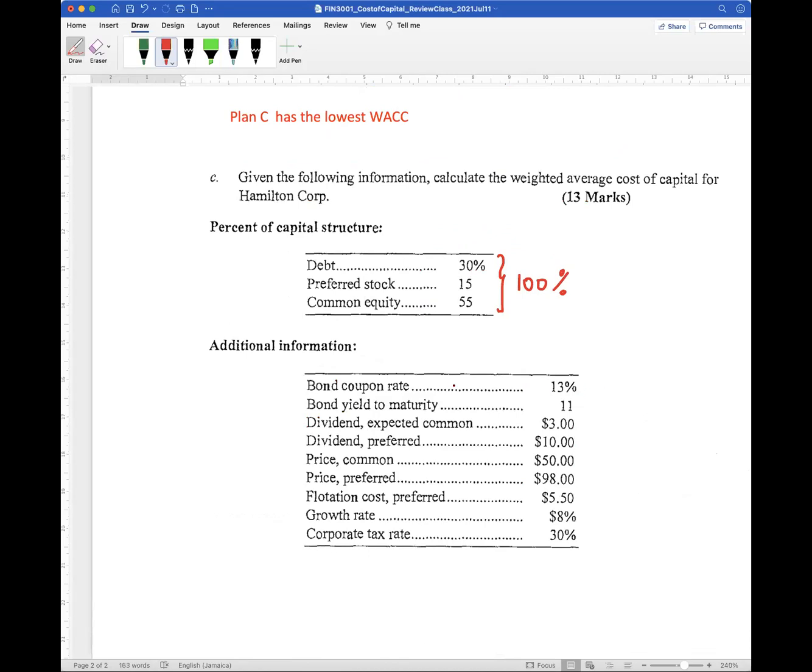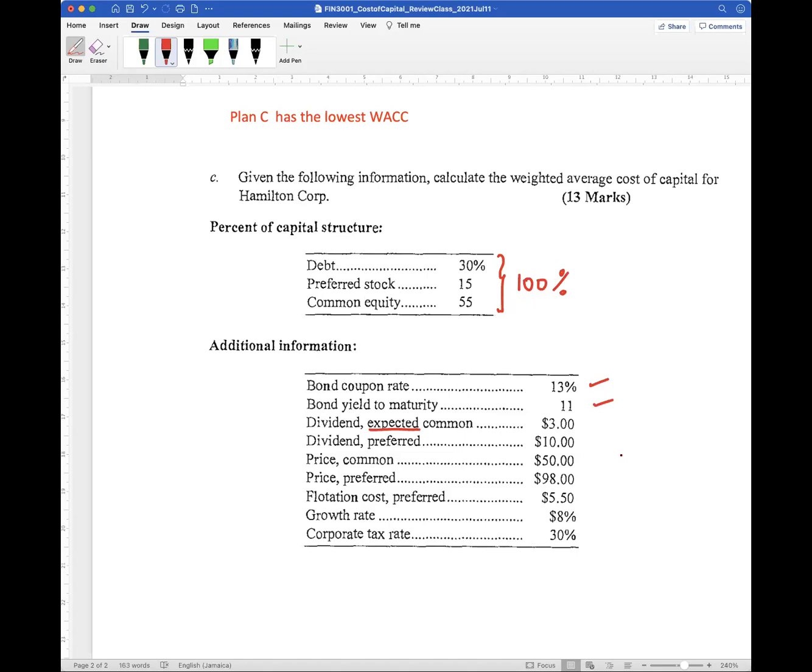So let's look at this one now. We get the bond coupon rate, the bond yield to maturity, the dividend for the common stock, and the dividend for the preferred stock. Notice the word it says here: the expected dividend for common stock. What does that mean, D1 or D0?